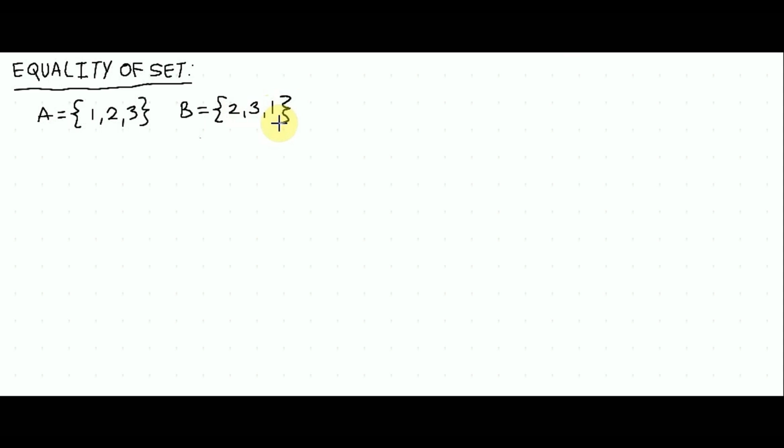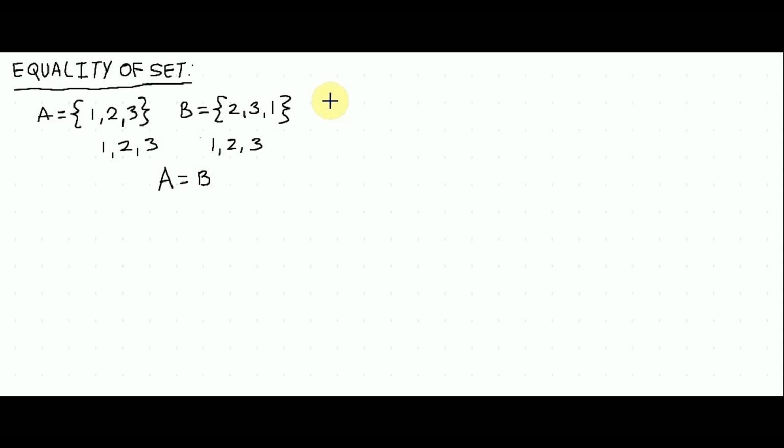If I look at the elements in A and B, the elements in A are 1, 2, 3, and if I rearrange the elements in B, they are 1, 2, and 3. So the elements are the same in both sets. That's why we can say that set A is equal to set B. However, it does not matter what the arrangement or order of the elements is.